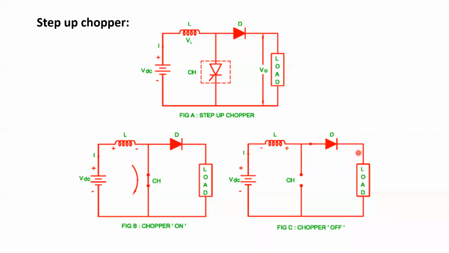This is completely opposite to the previous circuit operation, the step down chopper. So in the step up chopper, when the chopper is on, there is no output voltage and output current, and when the chopper is off, there is a possibility of getting some output voltage and output current.